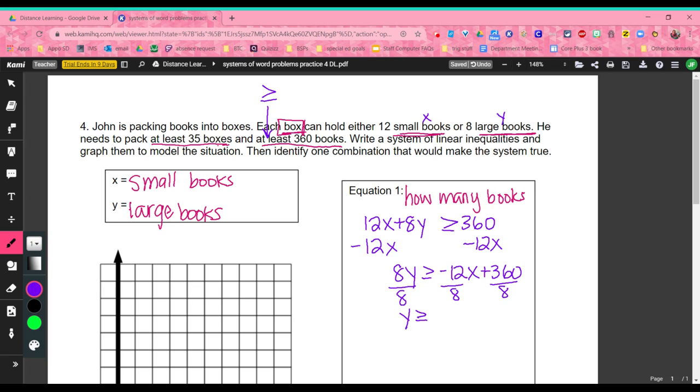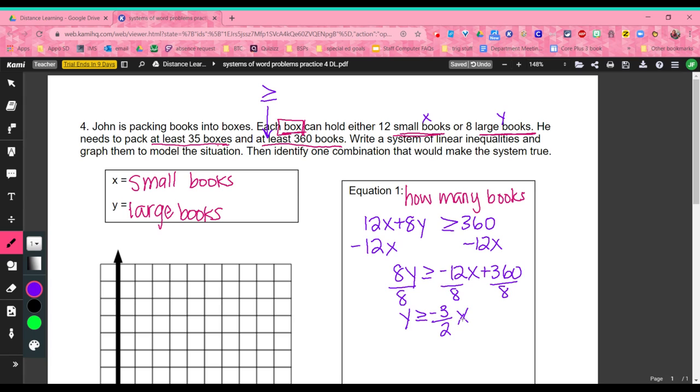I know that both 12 and 8 are even numbers. So if I divide them both by 2, I get negative 6 over 4. I can also divide those by 2 again, or think about 12 and 8 having 4 in common. So instead of negative 6 over 4, I can have negative 3 over 2.